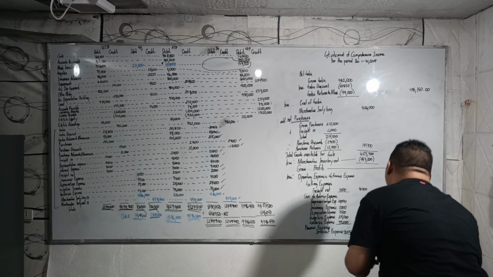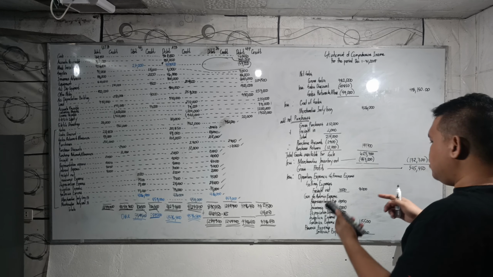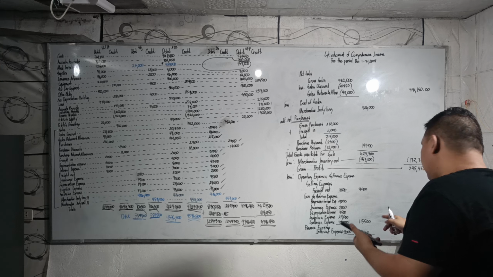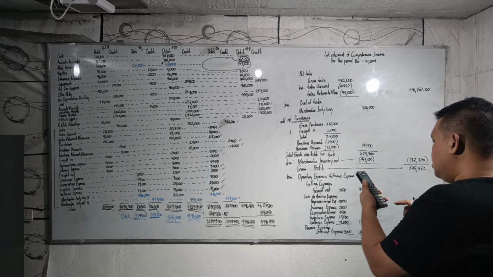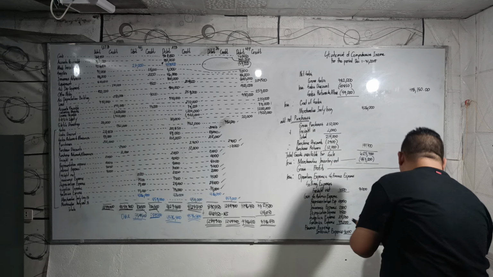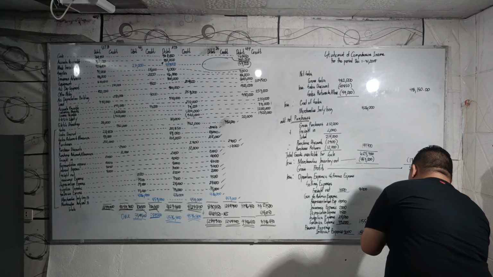And then we have to total all of the operating expenses starting from the freight out. So 115,500 plus 8,000 and another plus 3,000, and we will get a total of 126,500.